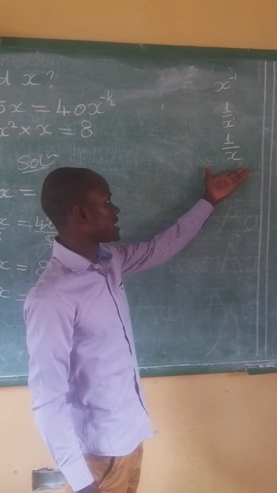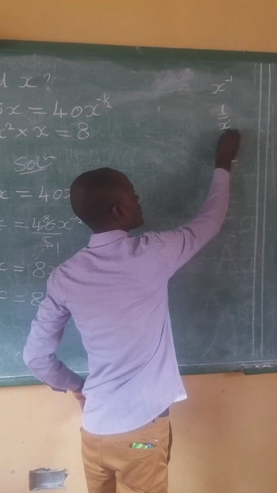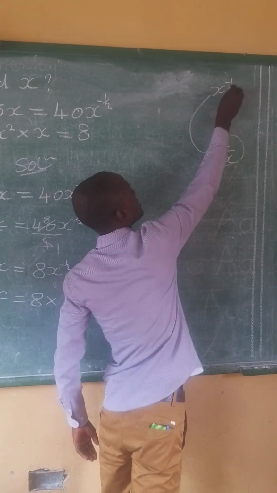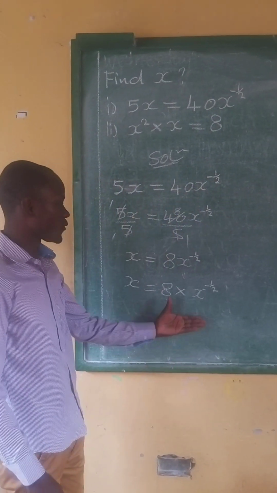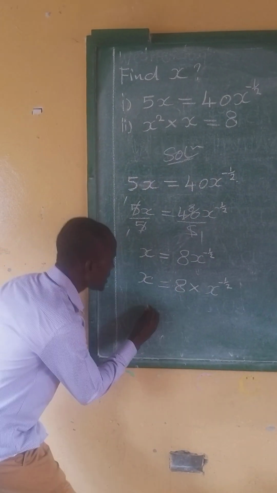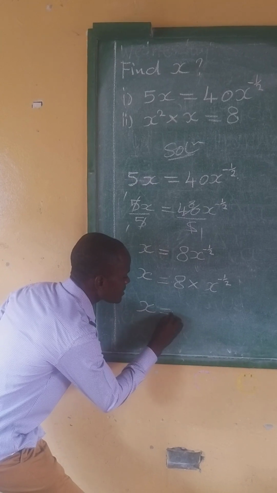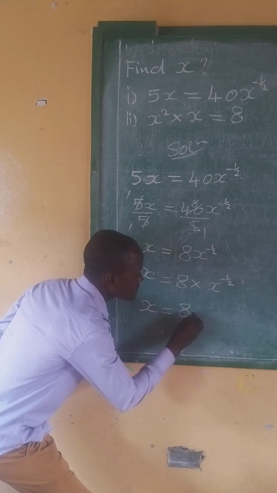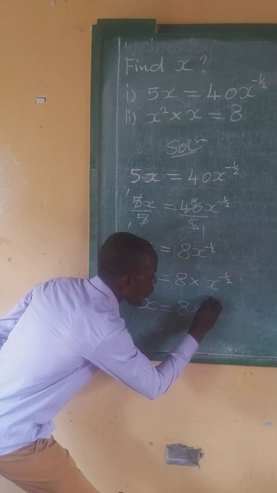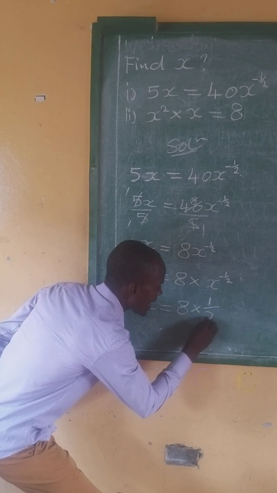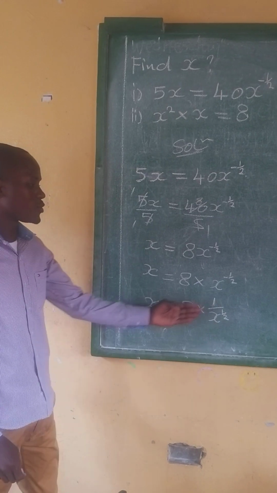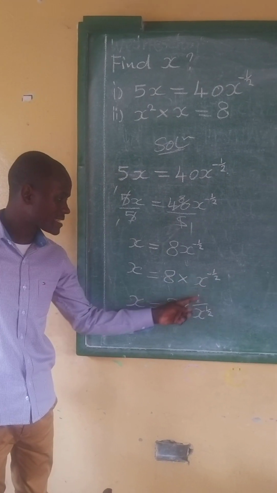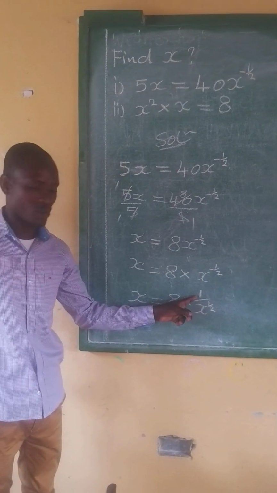These are the rules of indices, and it is the rule we are going to follow on this part too. So x is equal to 8 multiplied by 1 over x to the exponent of 1 over 2. You can see that where the exponent was negative 1, it has turned into a positive 1.